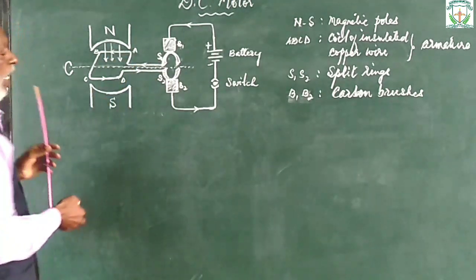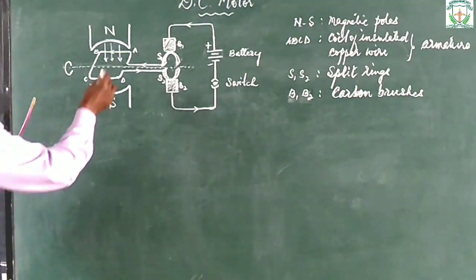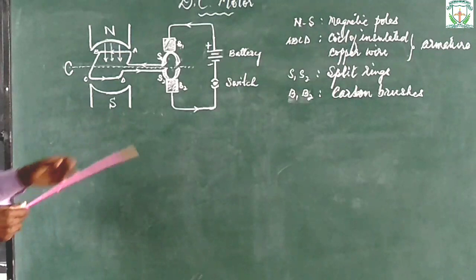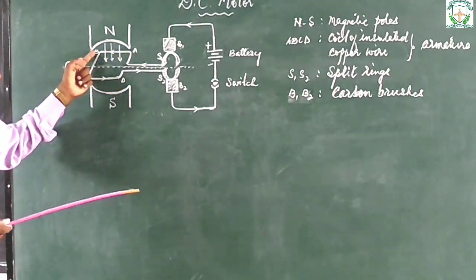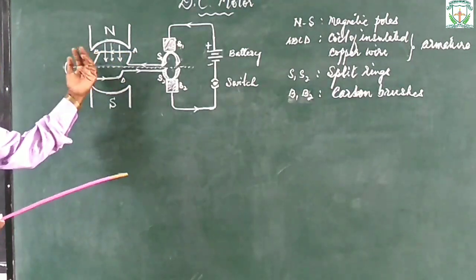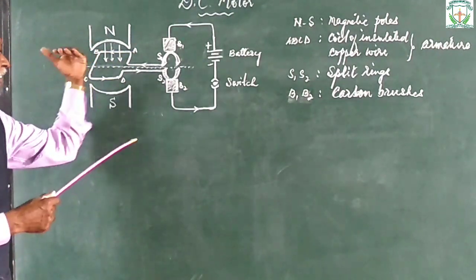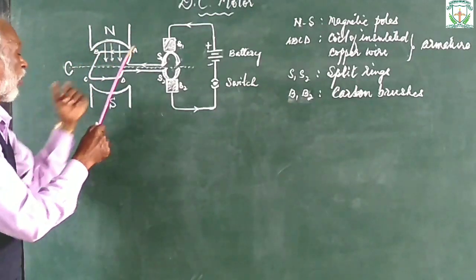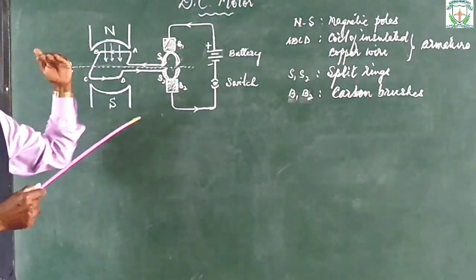If you apply Fleming's left hand rule, you can see that the mechanical force acting on the arm AB of the coil is outward.